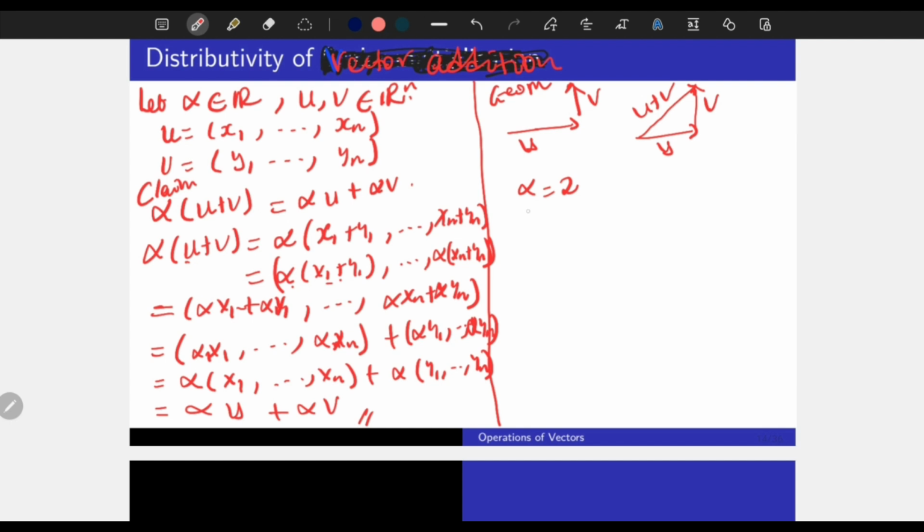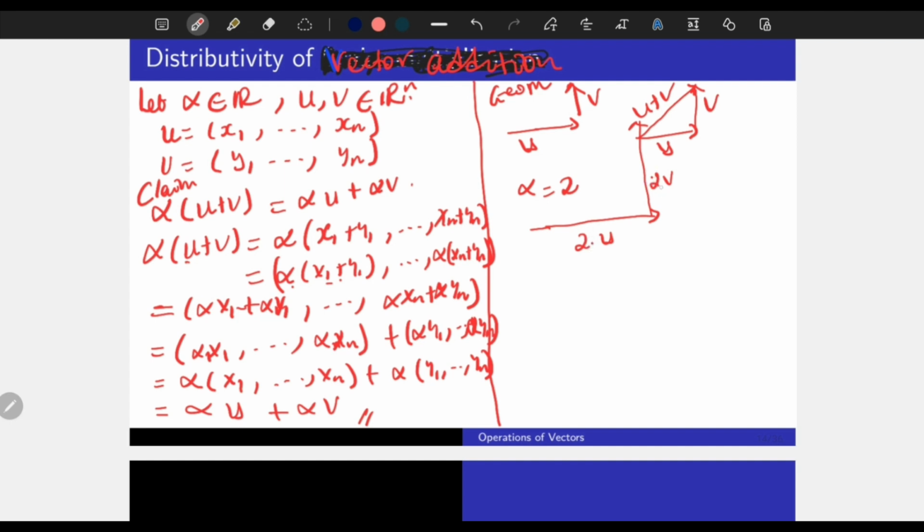When alpha is 2, 2 times u is going to be like this, so it doubles the length of u. And 2 times v is this.